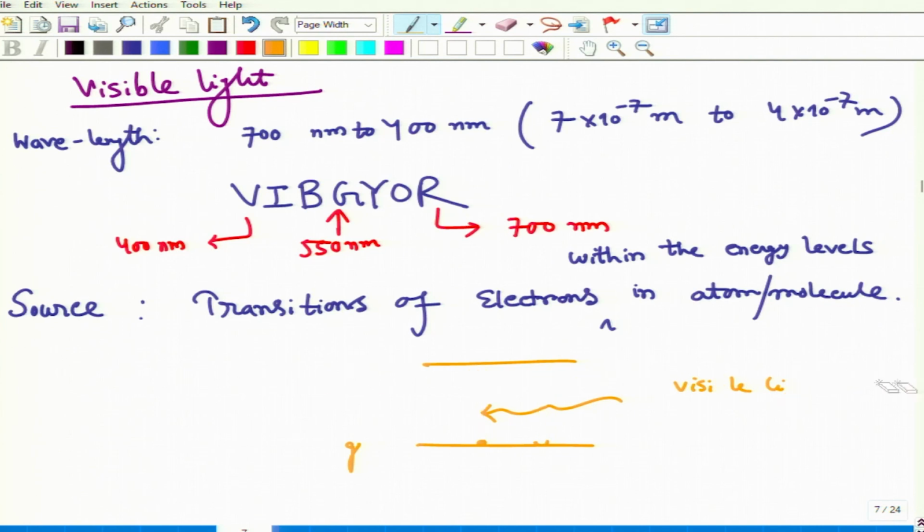That's why we can say that for the materials this shirt is made of, the electrons are making a transition where the energy gap between the energy levels corresponds to around 700 nanometers on the wavelength scale. That's why it looks like red color.